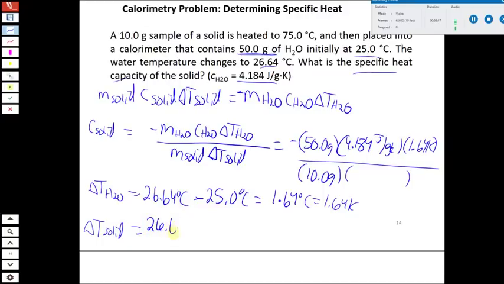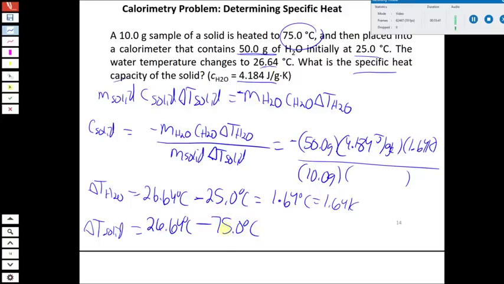So they have the same final temperature, but the initial temperature of the solid, the object that we're placing in the calorimeter, was different. That's this number here, 75. Whenever you place two different objects in contact with each other at two different temperatures, one of them warms up, one of them cools down, and they stop when they have the same temperature. So that's exactly the concept here. We started at 75.0 degrees Celsius.